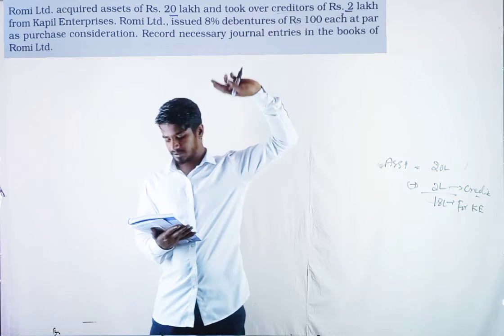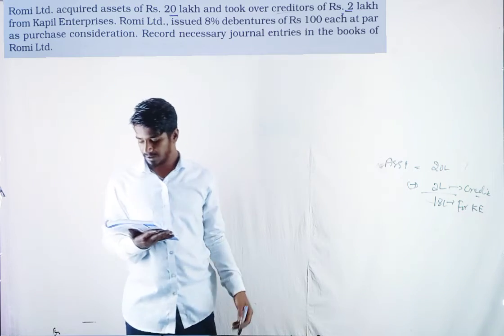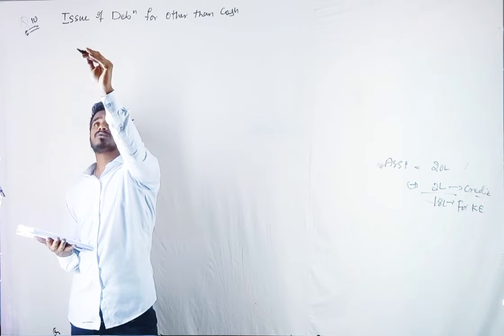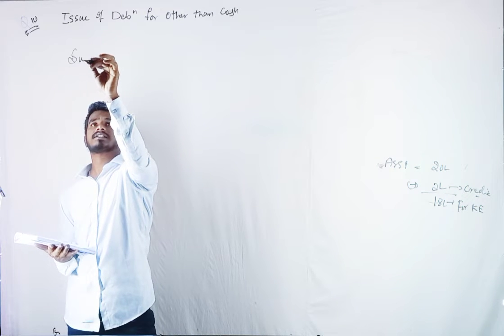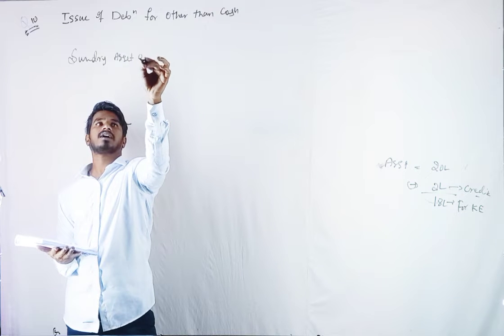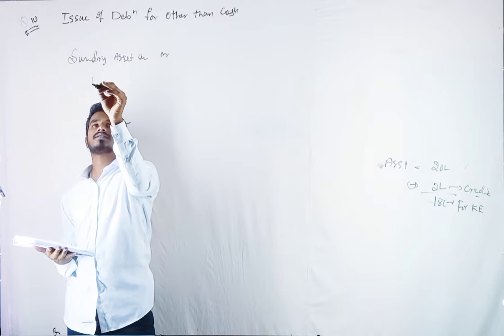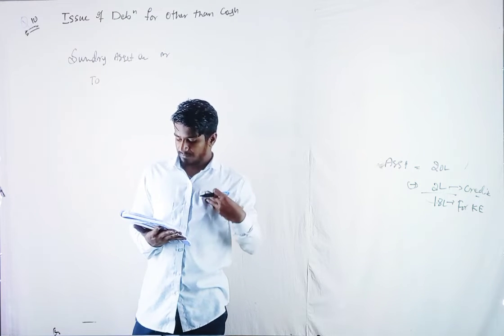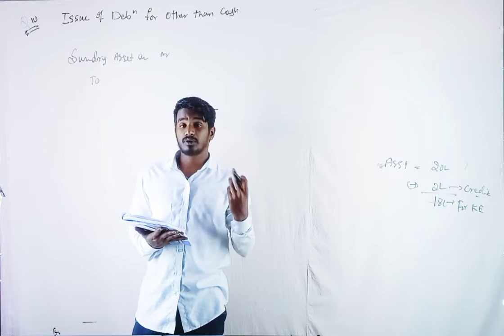They have issued 8% debentures of rupees 100 each at par as consideration. Shall we do the sundry asset entry? The same entry: sundry asset account debit 20 lakh.